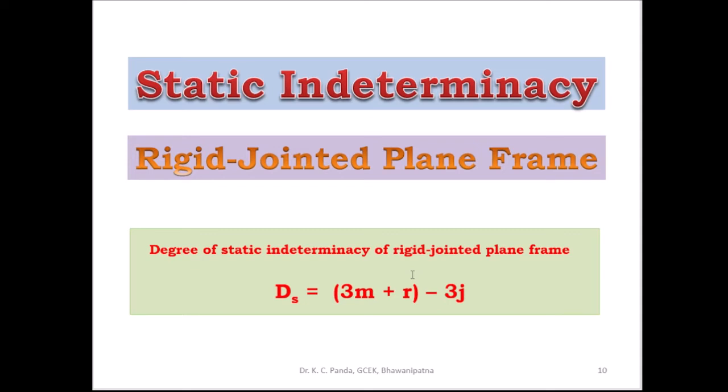Then after taking the summation of the static internal indeterminacy and static external indeterminacy, you can find out the total degree of static indeterminacy. So by using these two approaches, you can determine the static indeterminacy of a rigid jointed plane frame.